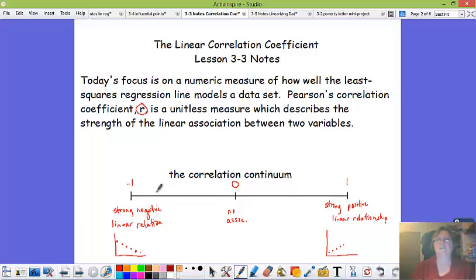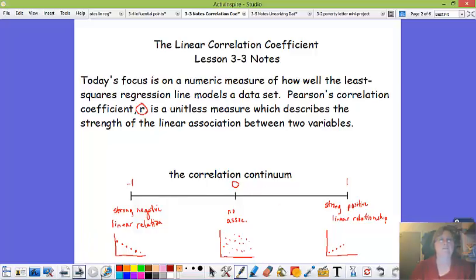So something that was called like -0.7 might be called moderately strong. If you are down here around, say, 0.2, relatively weak, right? A 0 means there's absolutely no correlation, and a scatter plot has to show no pattern, no linear pattern at all. Okay.